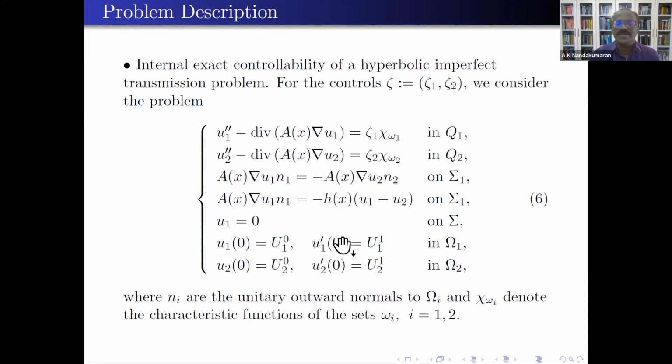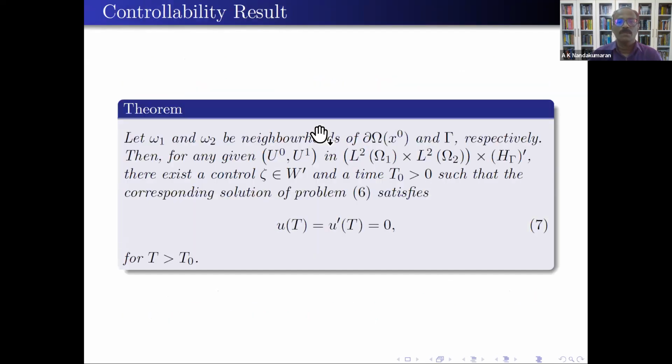It's a weak formulation, and there are many interpretations of that. All are available. So you have your interface conditions, and sigma 1 is the interface, gamma 1 cross 0 to T. It's typically a wave equation on both sides, in omega 1 and omega 2. This is the characteristic function.